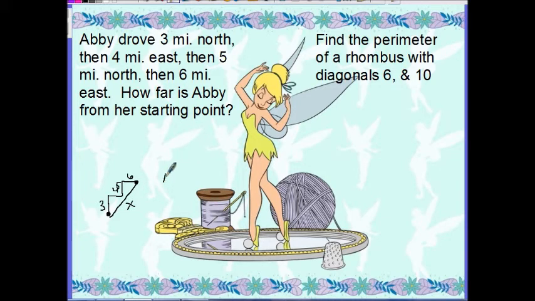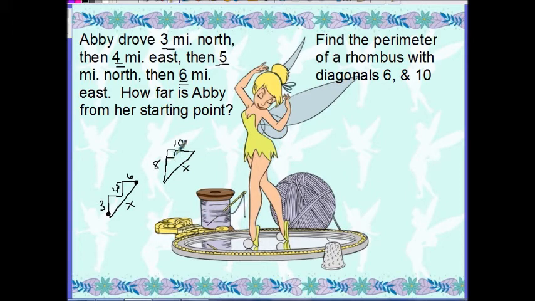How far total north did she have to drive? Let's add it up. 3 plus 5 gives us 8. And how far east did she have to go? 4 and then 6. So that gave us 10 miles east. So what we're looking for here is the hypotenuse, the shortest distance between 2 points.